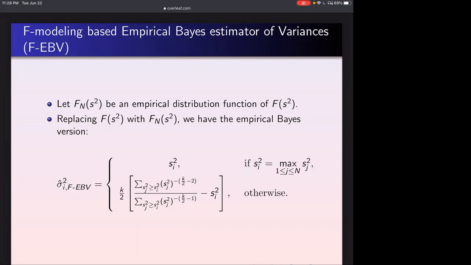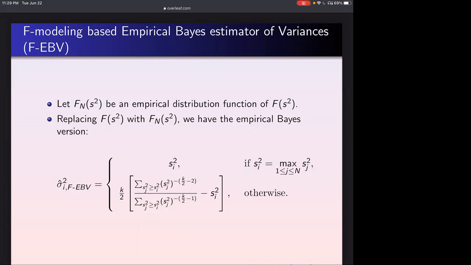Okay. And we call this the capital F modeling based empirical Bayes estimator, because this estimator depends on the data through the capital F, the cumulative distribution function, not the density function. Okay. But the cumulative distribution function has many advantages.